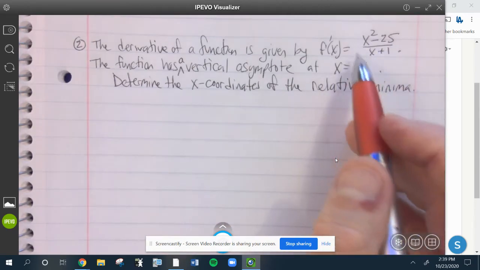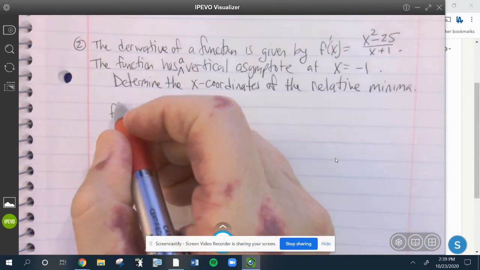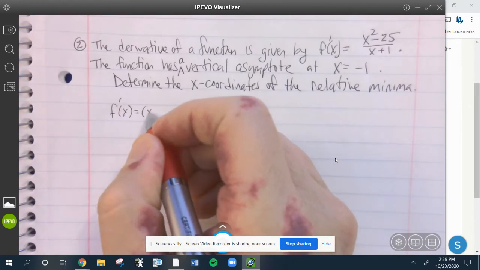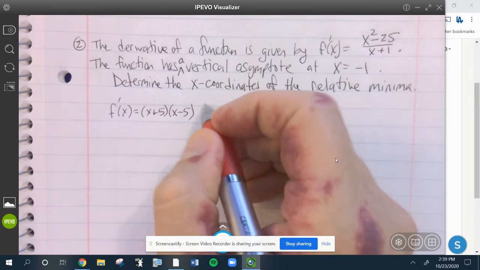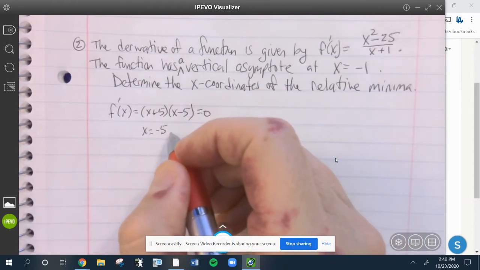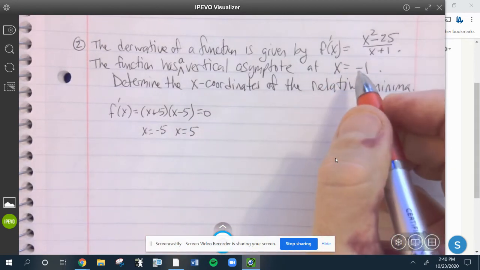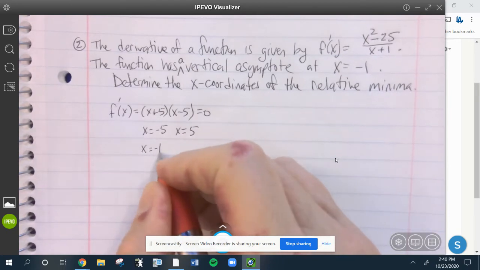So the first thing we have to do is find the critical numbers. So f prime equals 0 when the top, which is x plus 5, x minus 5, equals 0. So x equals -5 and +5. The bottom equals 0, obviously at x equals -1. It's not a critical number, but we need to consider it.